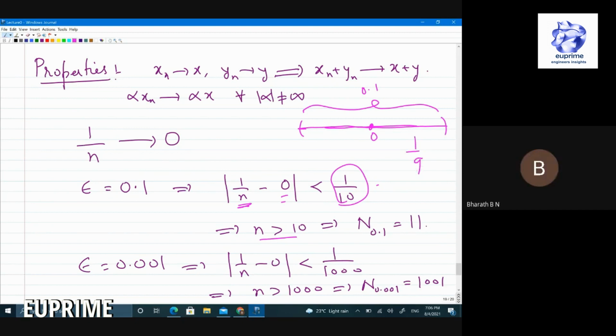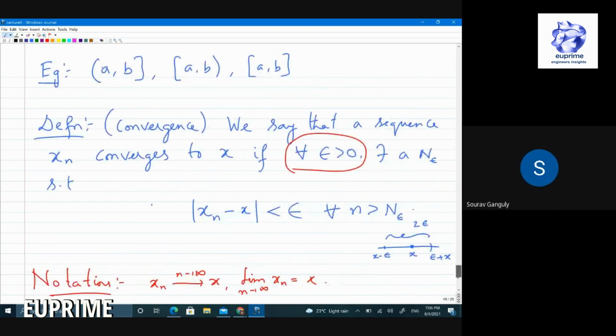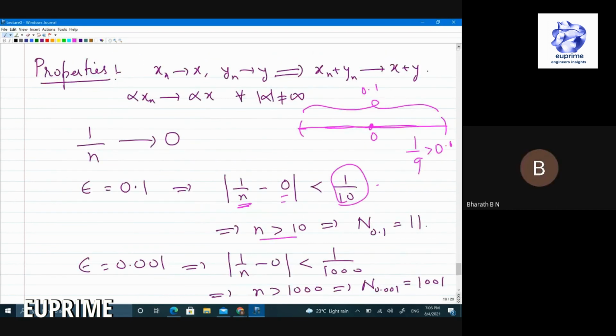1 by 9 is greater than 0.05, right? Do you agree? So it's outside the room and cannot be inside. For 0, there is a left point and a right point, minus 0.05 and plus 0.05.